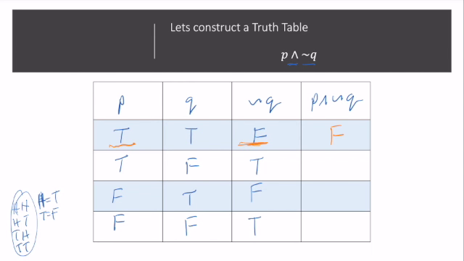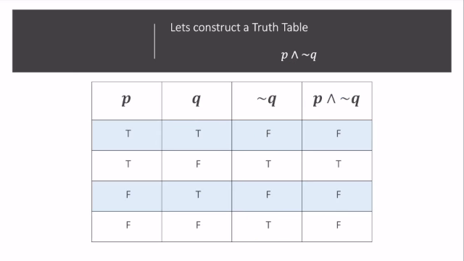True and true gives me a true. False and false gives me false, because I need them both to be true. And false and true gives me false. So here we've constructed our truth table for P and not Q. And there you have it. So you can check your answers if you didn't watch the video.